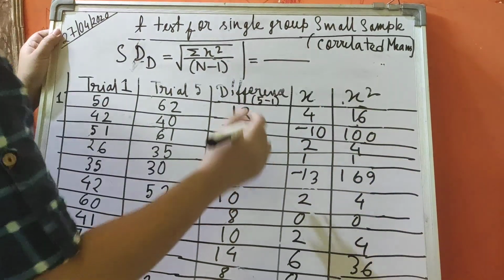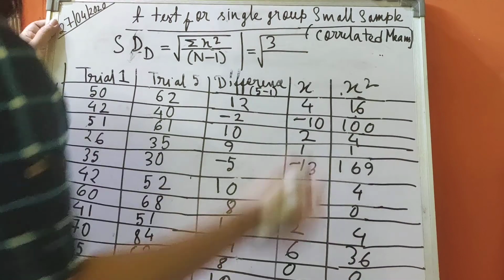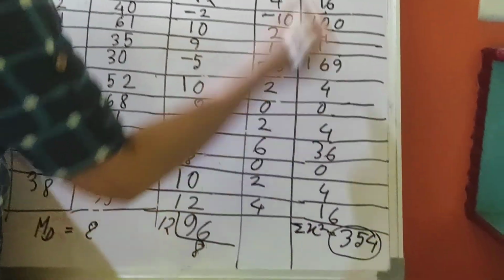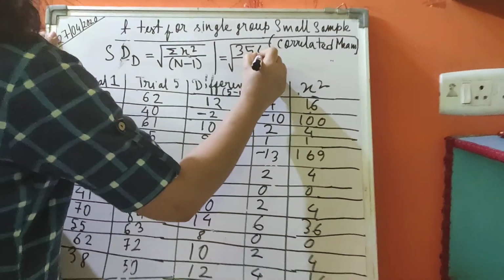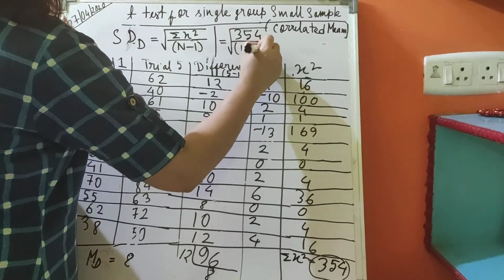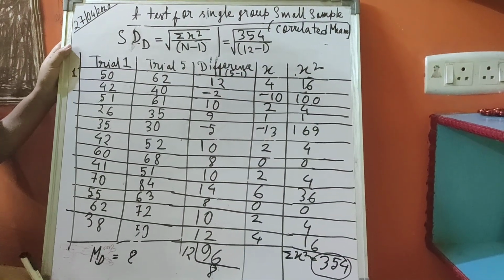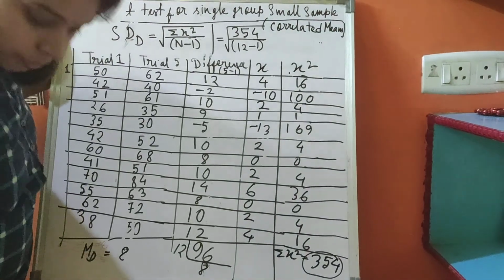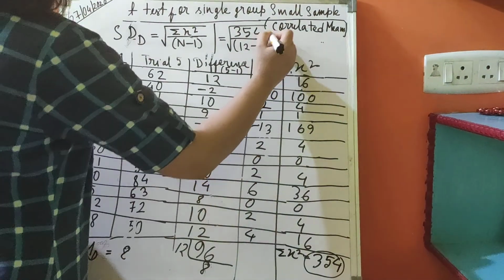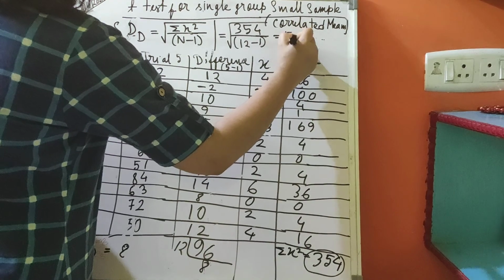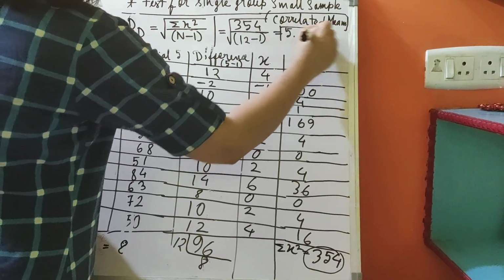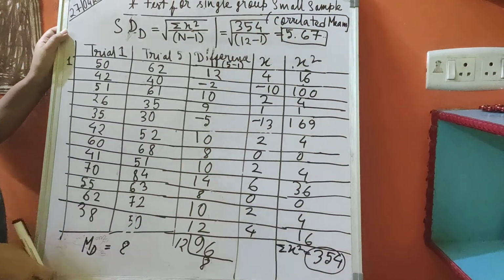Here summation of x square is 354. This one is the value. We will put it here, n minus 1, that is 12 minus 1. So this will become 5.67. So 5.67 will be the SD.